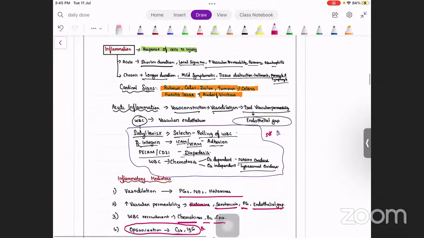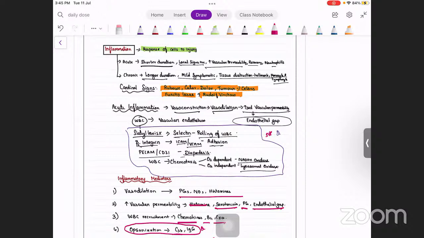So, what are the cardinal signs? Rubor, calor, dolor, tumor, and functio laesa. Rolling of WBC is mediated by Sialyl-Lewis X and selectin. Adhesion is mediated by beta-2 integrin on ICAM or VCAM. And diapedesis is mediated by PECAM or CD31. While chemotaxis of WBC: O2 dependent NADPH oxidase, O2 independent lysosomal enzyme.